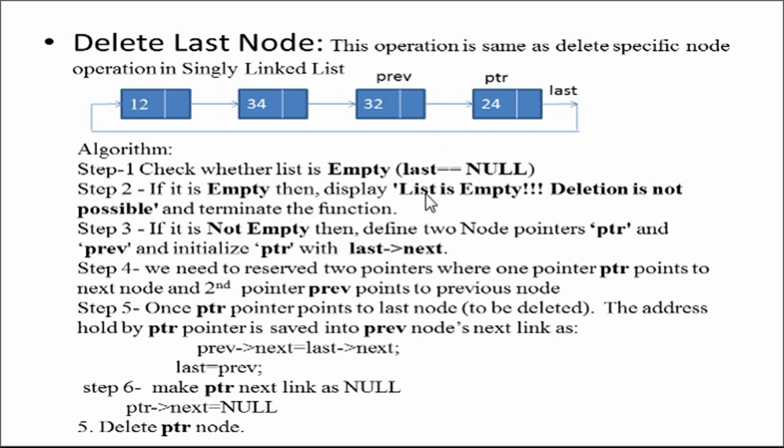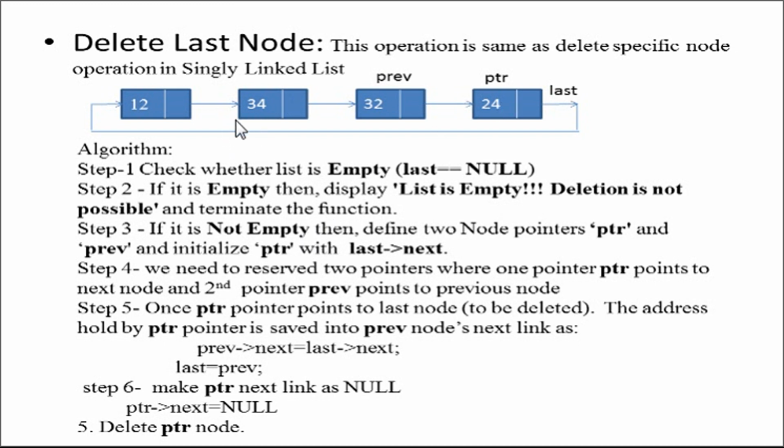If it is empty, then we cannot perform the delete operation. If it is not empty, then we need to define two pointers called ptr and prev, and initialize ptr equal to last next. Last next means this is your last node and its next is the first node. So ptr will point to the 12, and we have to traverse this ptr till the end of the list.